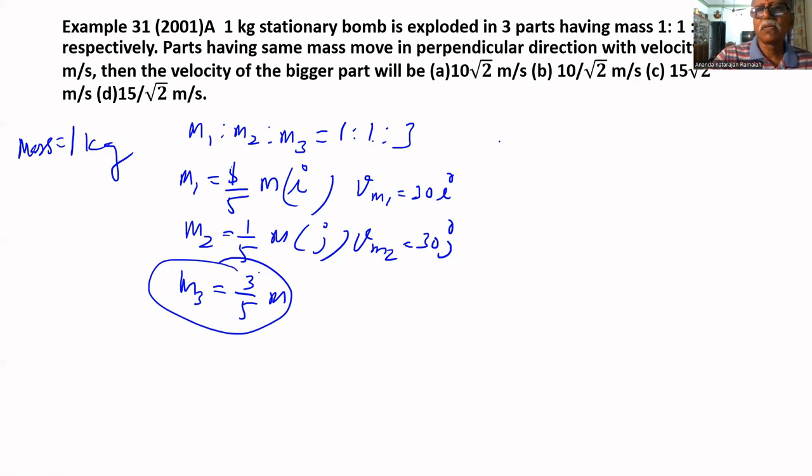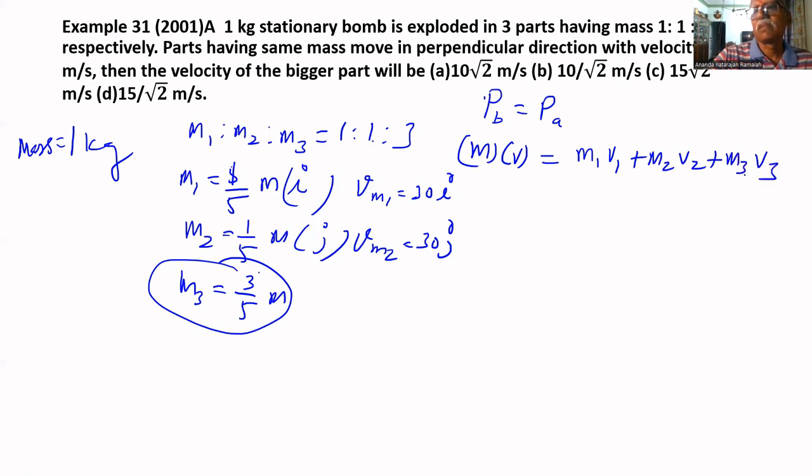We know that momentum before equal to momentum after. Momentum before is mass into velocity. That is equal to M1 V1 plus M2 V2 plus M3 V3. The bomb is stationary, it is given. Therefore, V equal to 0.